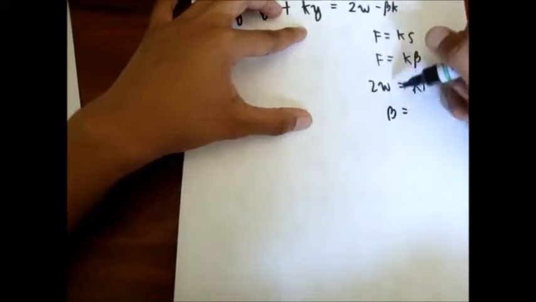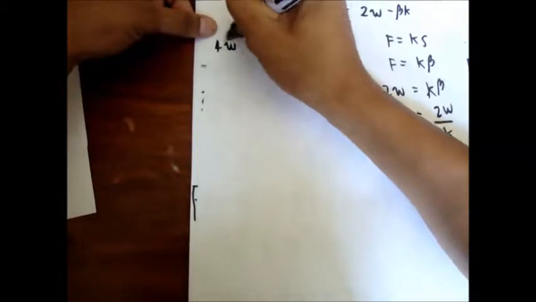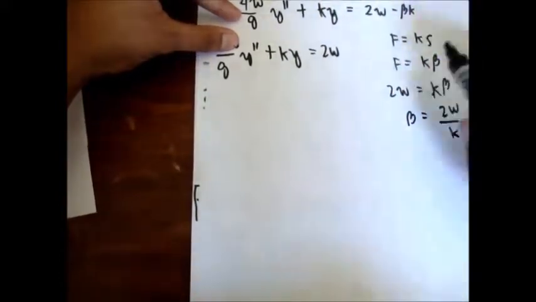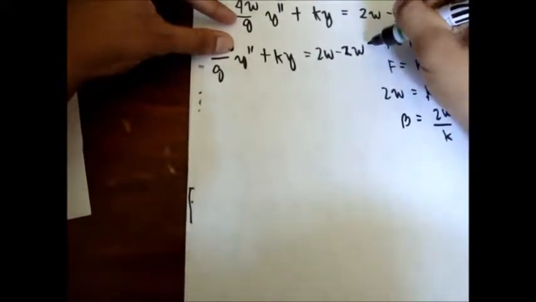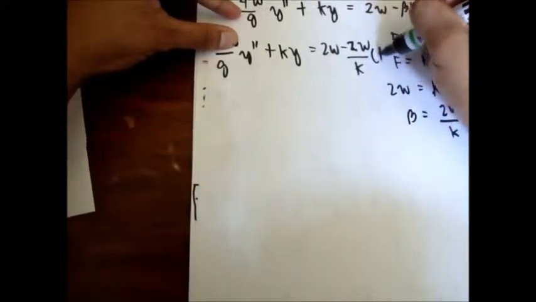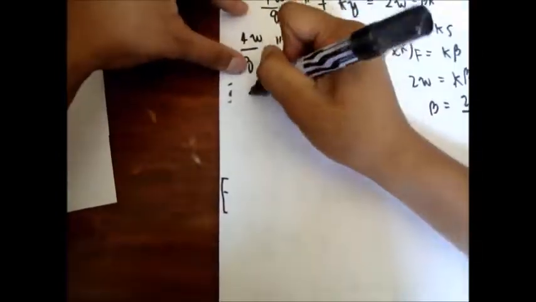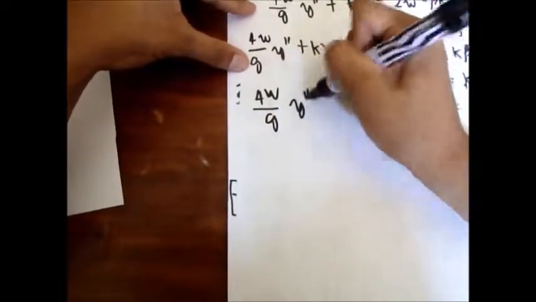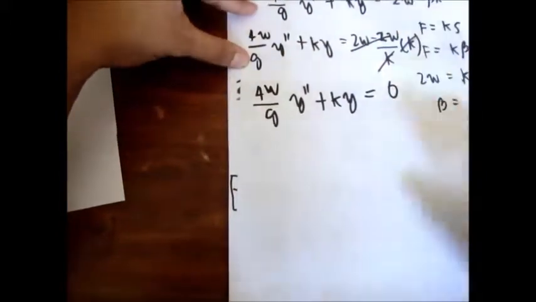So our beta now is 2W over K. So 4W over G y double prime plus ky equals 2w minus 2w over k times k. So 0. So 4w over g y double prime plus k y equals 0.